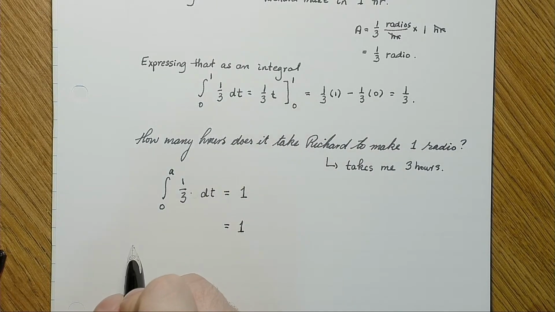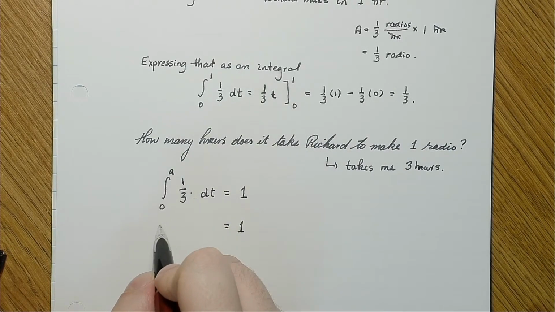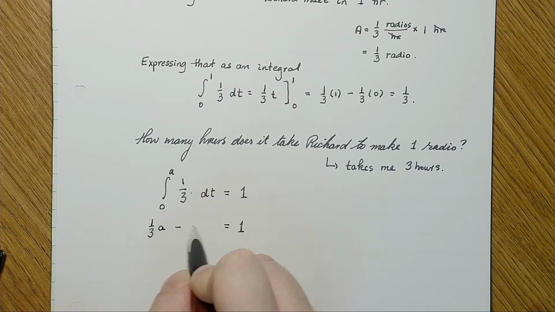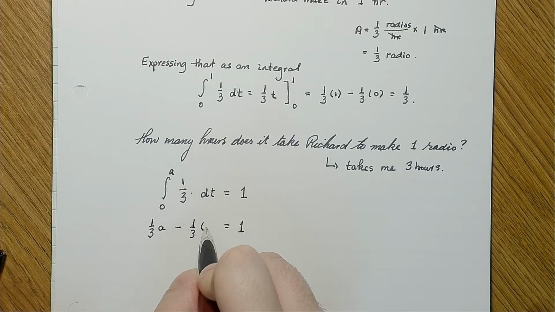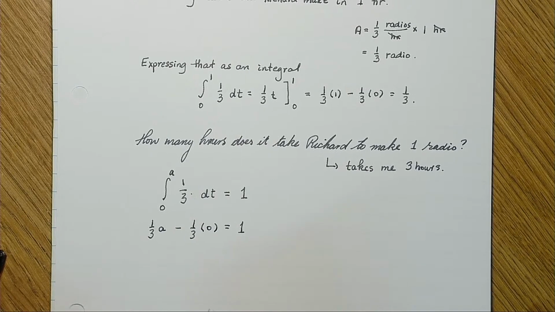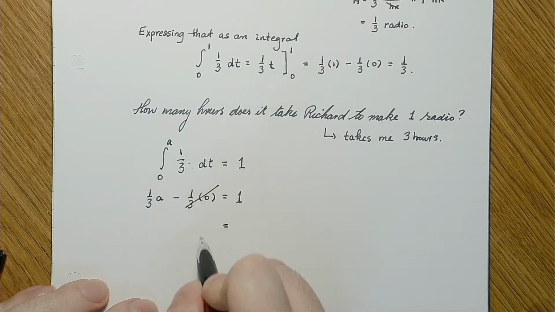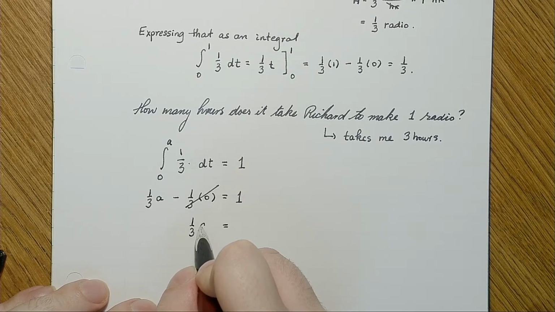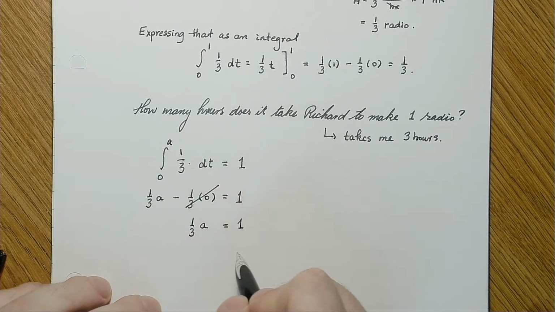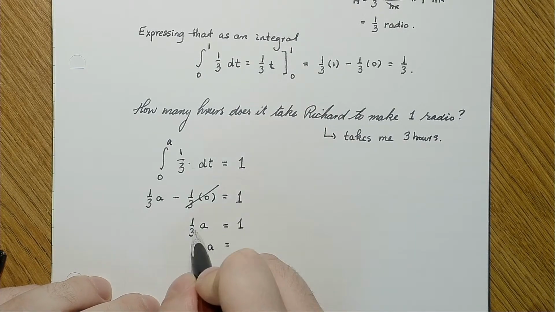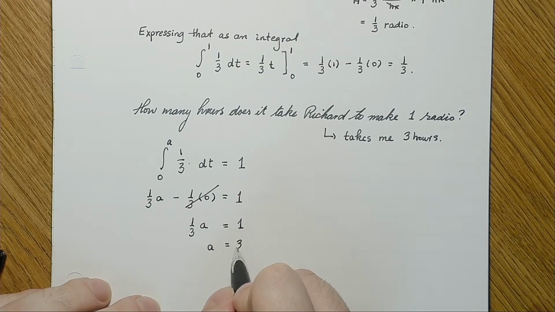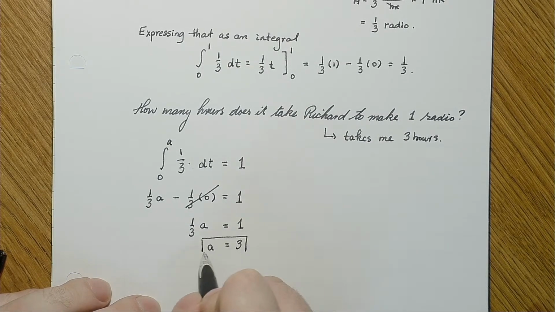Then what I have is 1/3 A minus 1/3 times 0. That cancels out, so I'm left with 1/3 A, and bringing that 3 over to the other side, A equals 3.